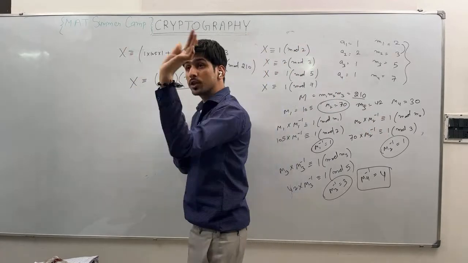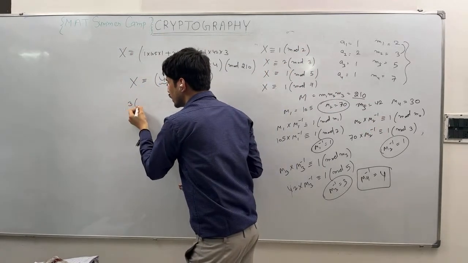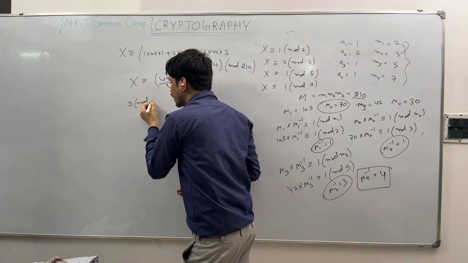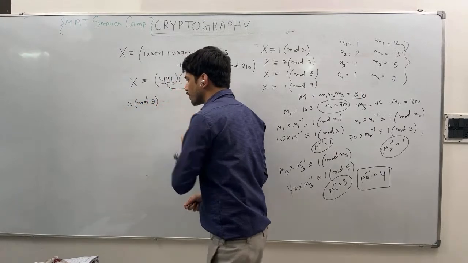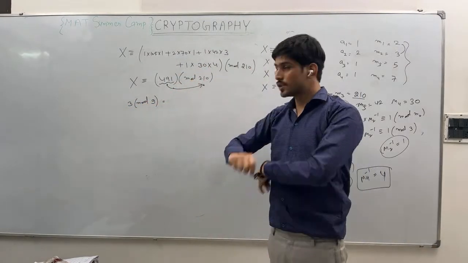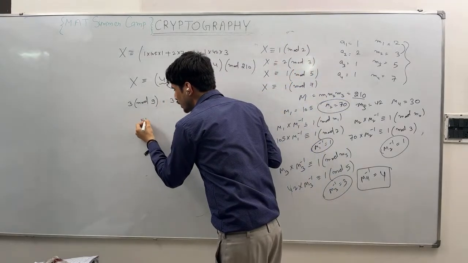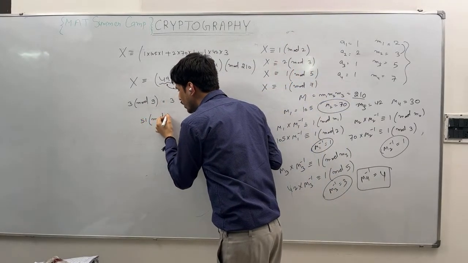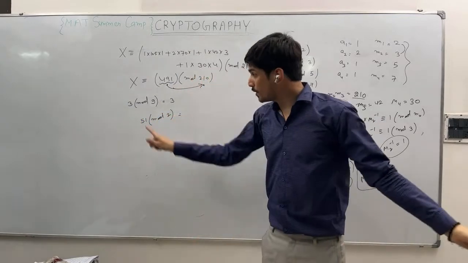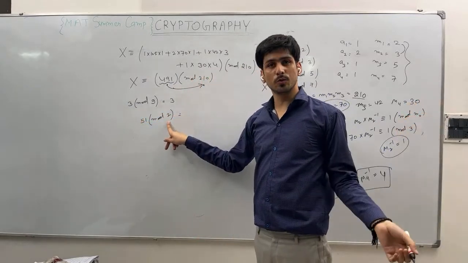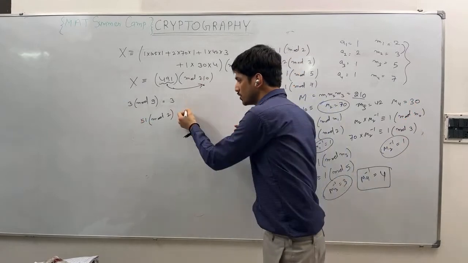If I ask you 3 mod 9, what should be the answer? 3 only. Clear? If I ask you 51 mod 2, what will be the answer? 51 divided by 2, the remainder is 1, so this will be 1.